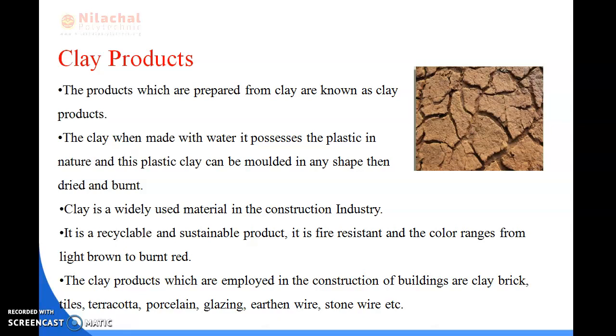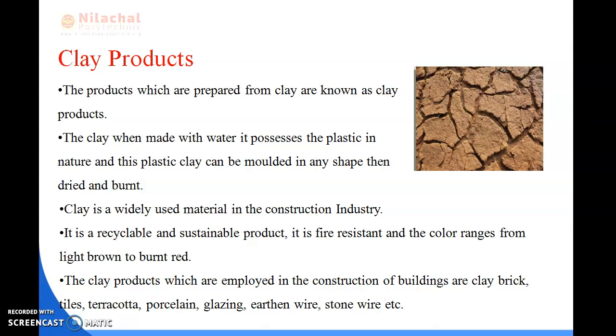The clay products which are employed in the construction of buildings are clay brick, tiles, terracotta, porcelain, glazing, earthenware, stoneware, etc.